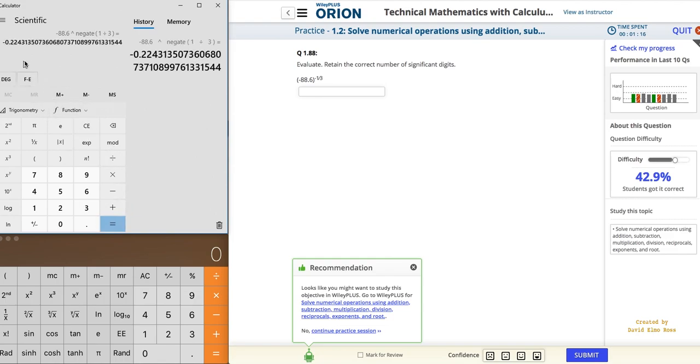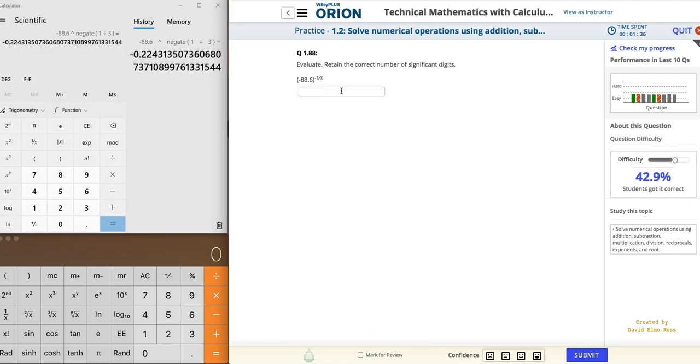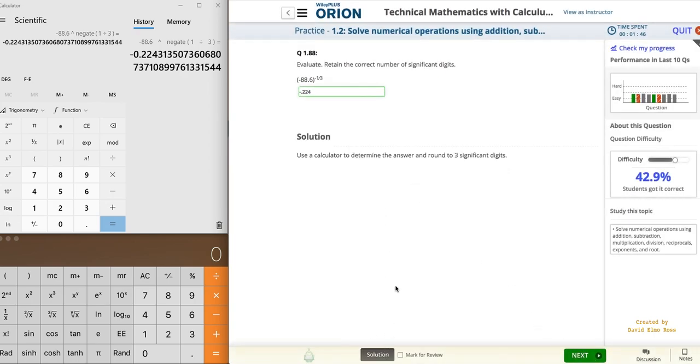And what we're going to see is this number here. So let's try putting that number into the correct number of significant digits, which should be 3 minus 0.224. And I feel confident, and I'm going to hit submit. And indeed it is correct, and we can see that from our solution here.